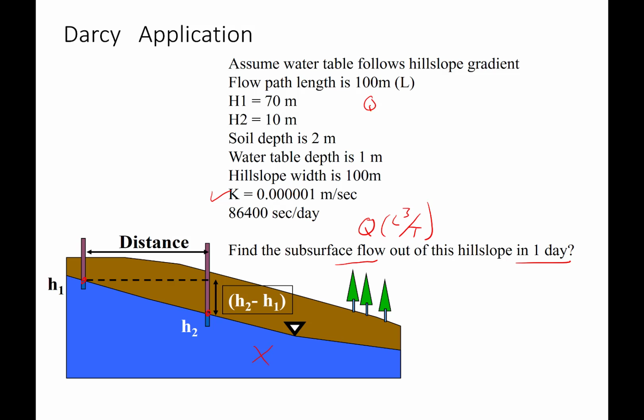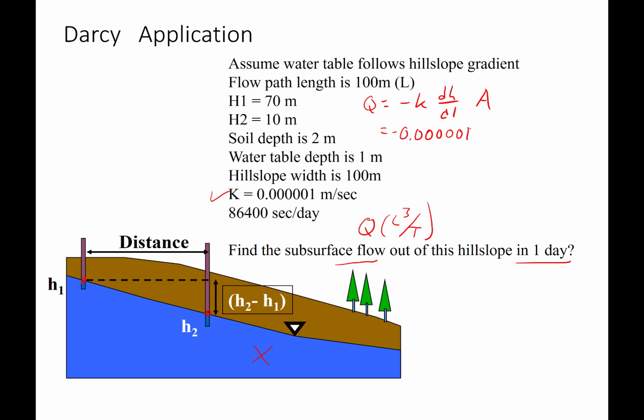Okay, let's see if I have enough room here. So I'll write this out as Q equals minus K dH/dL times our cross-sectional area. So now it's just plug and chug. We know our hydraulic conductivity, so it's a negative value. Just like the change in head, the change in elevation, the DH, hydraulic conductivity is negative as well. That's because it takes energy out of the water as it moves.